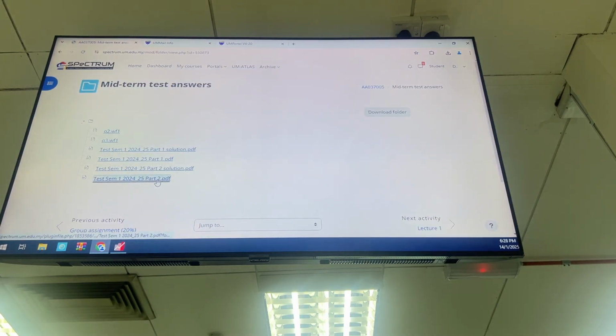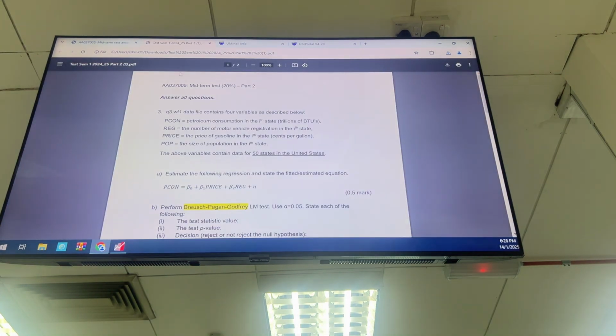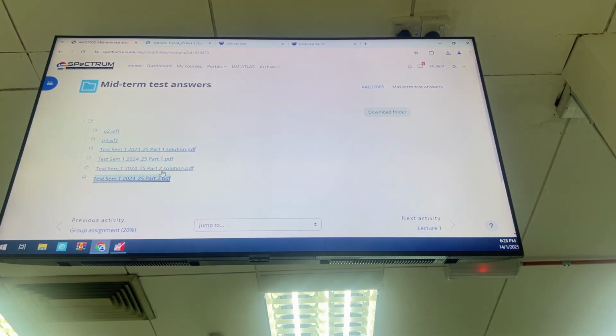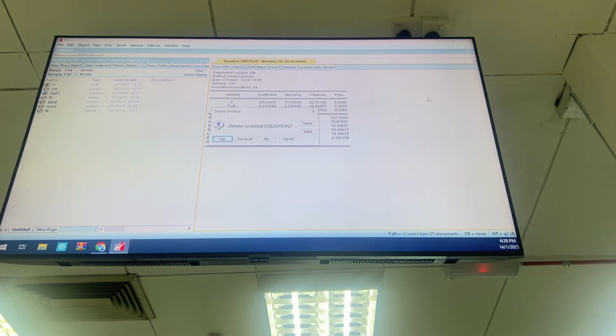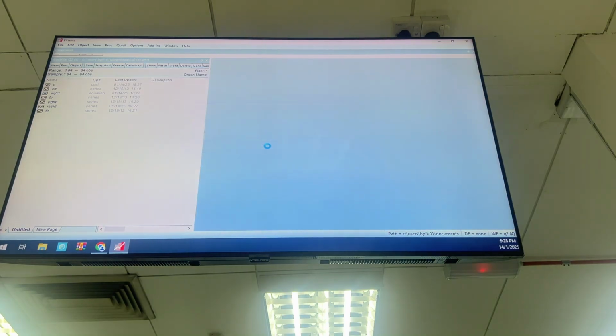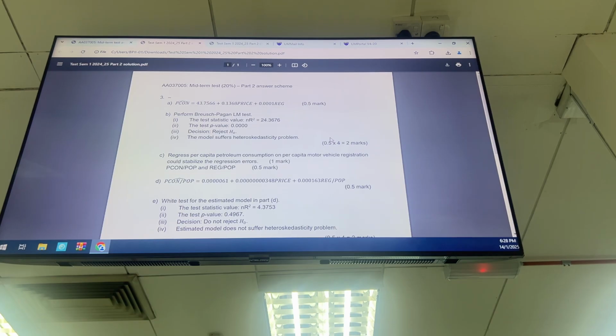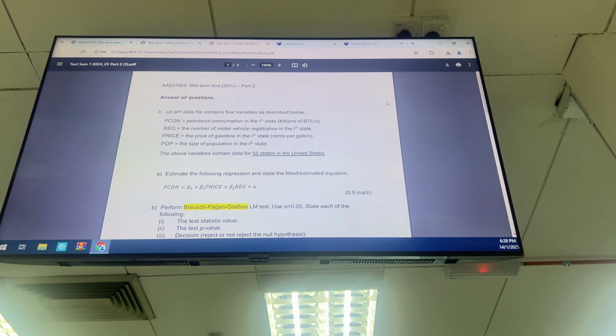Second part. For this one, you use the data given in the Q3 data file. It contains 4 variables.